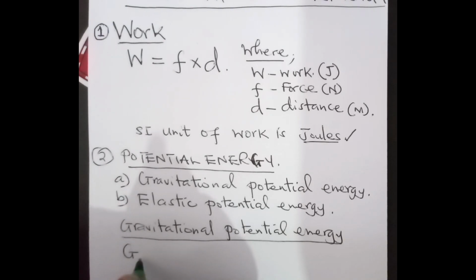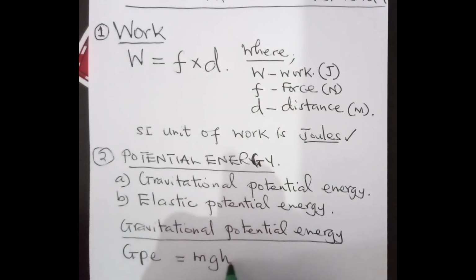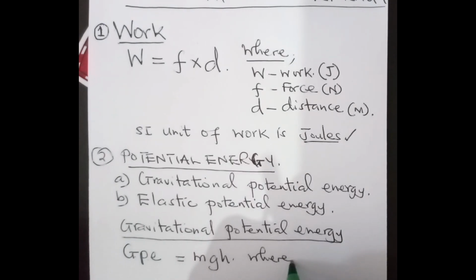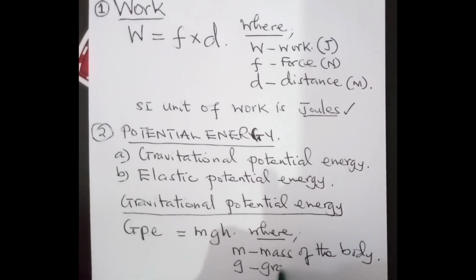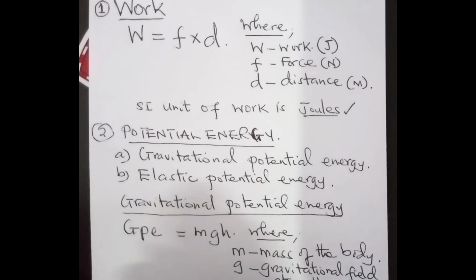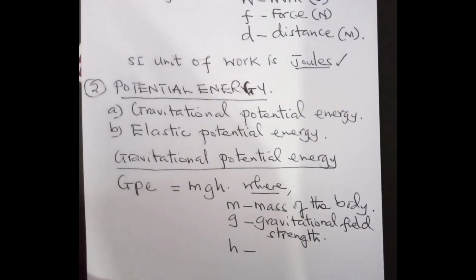Now, to calculate gravitational potential energy, you have to use the formula mgh, where m is the mass of the body or the object, g is the gravitational field strength, and h is the perpendicular height from the Earth's surface.